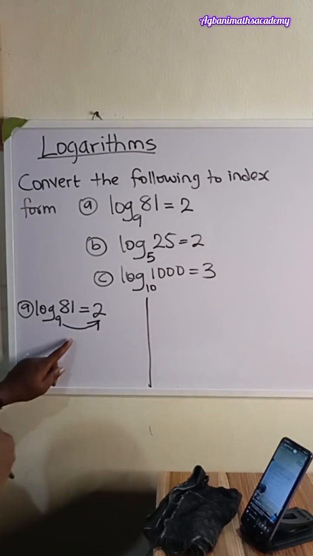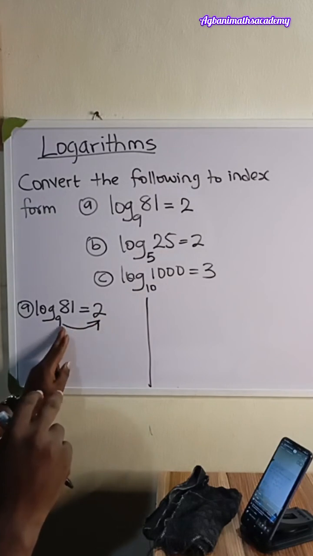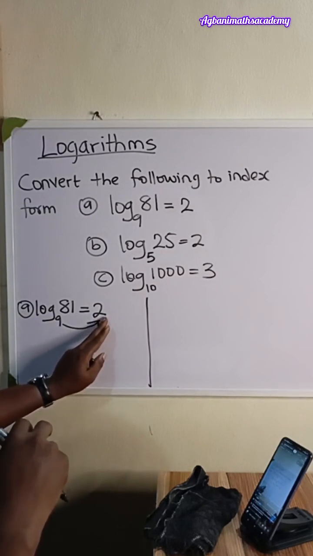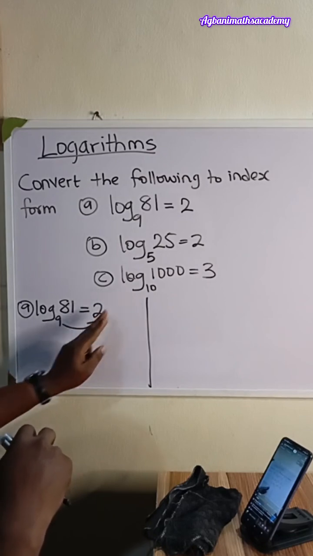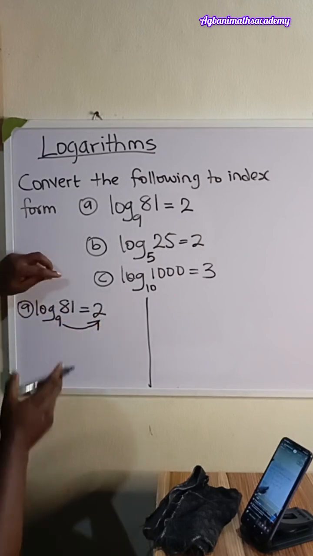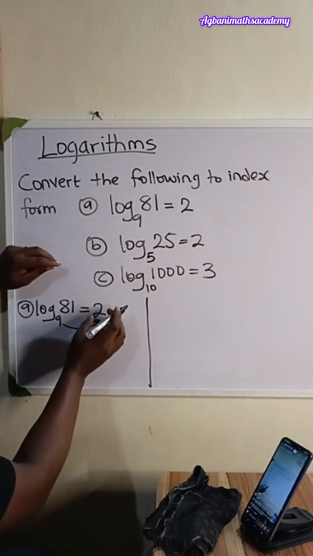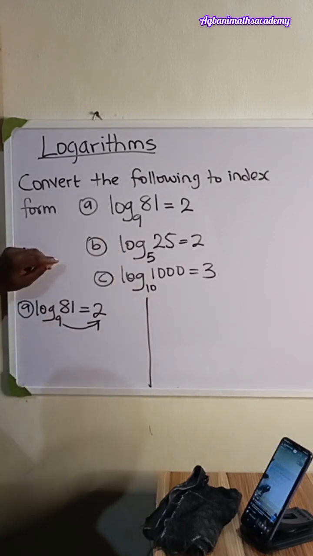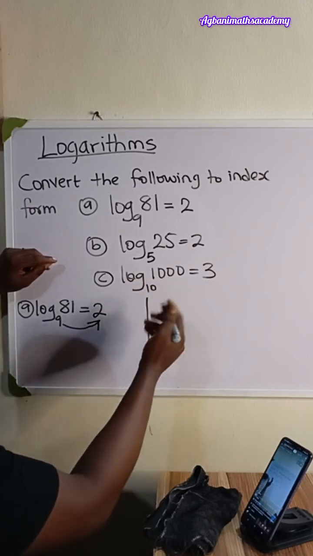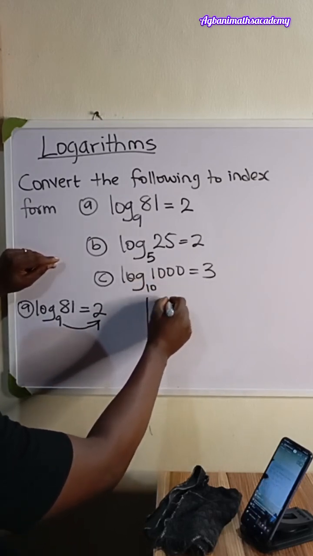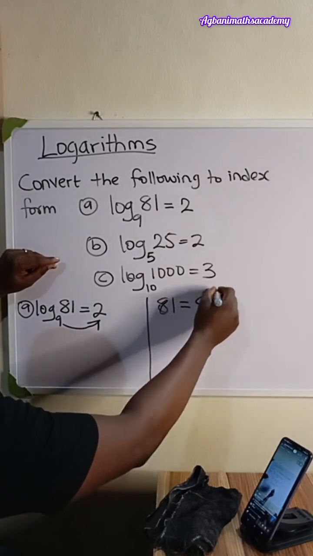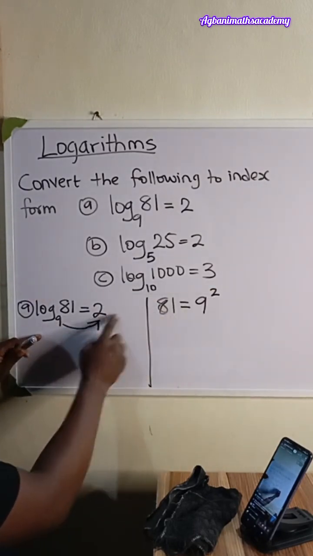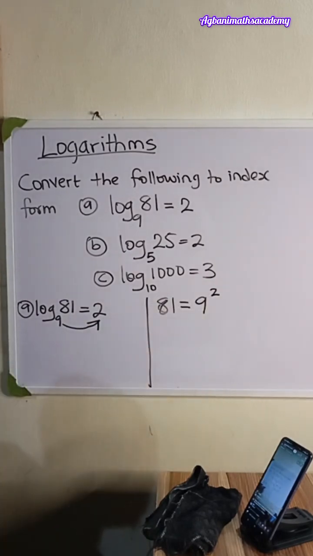So when this base comes this way, this base of 9 lifts this 2 from becoming the answer to becoming an exponent. So this 2 is no longer the answer. This 9 lifts it up from being a base value to becoming an exponent. So in index form, this is going to be 81 is equal to 9 to the power of 2. So this 9 moves this way to lift this 2 up to become an index value.